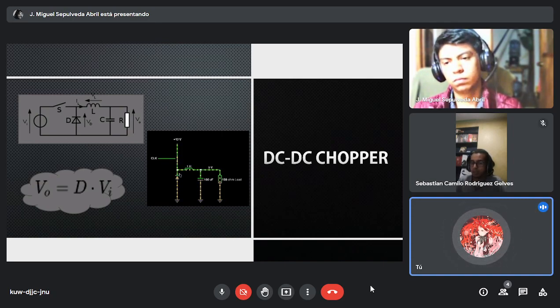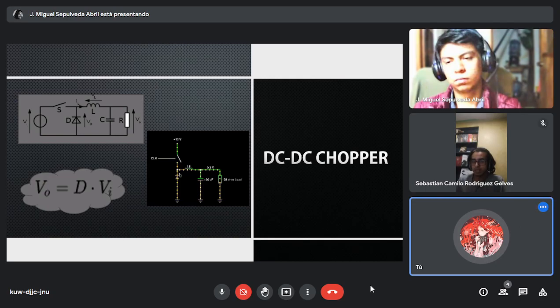For the second position, the switch opens and the energy contained in the coil flows through the resistive load, and it continues to maintain the voltage in the capacitor.